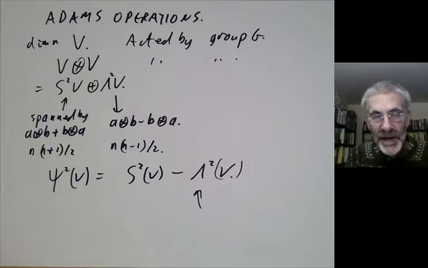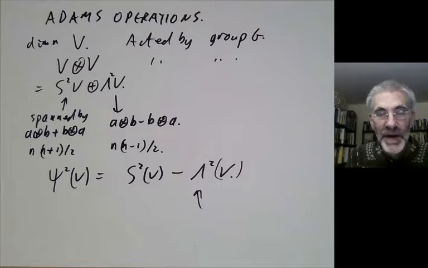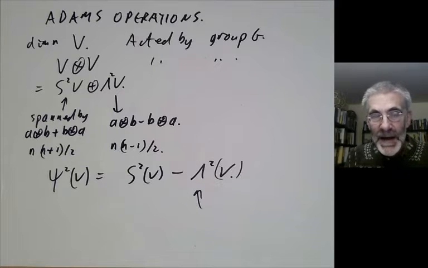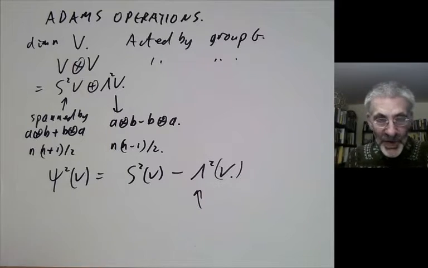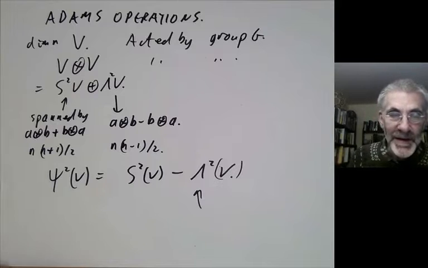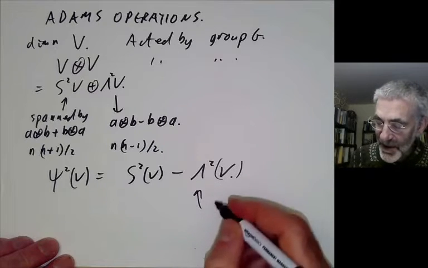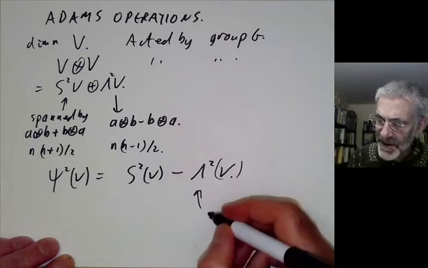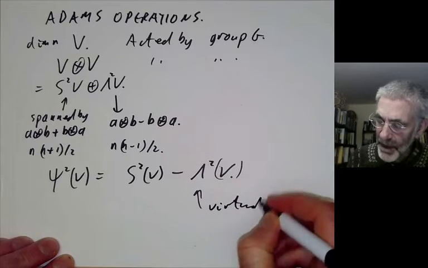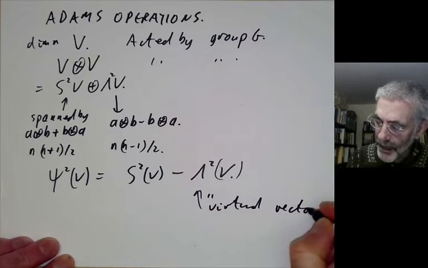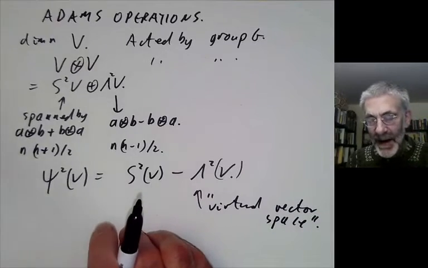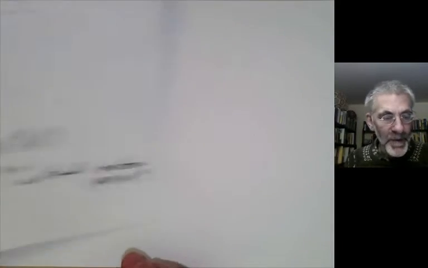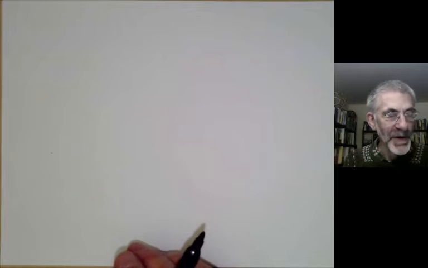So this is just like the construction of the integers from the natural numbers. You just sort of forcibly decree that you're allowed to subtract things. So this isn't really a vector space, it's something called a virtual vector space. The question is, how does G act on this virtual vector space?